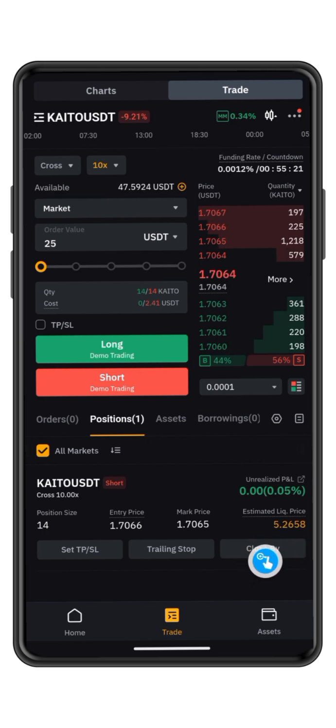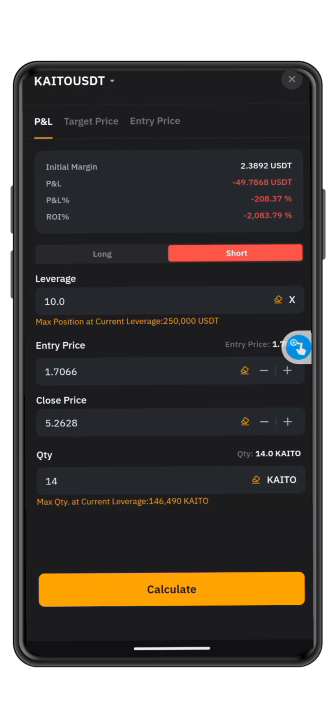I want to show you again that when you use 5% of your account balance on a 10x leverage, it is going to take approximately negative 2,000% for you to be out of the trade. So back here, you can see now that after keying in those details, my calculator is telling me that my ROI percentage is going to be negative 2,000%, approximately.